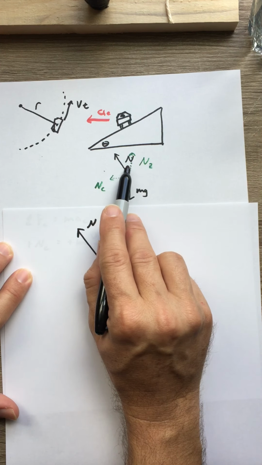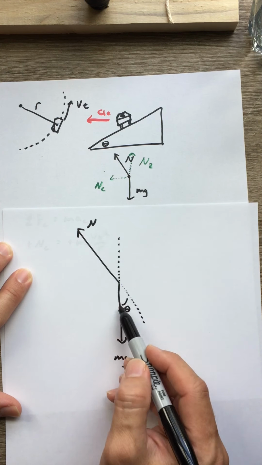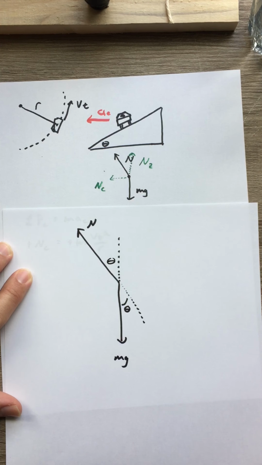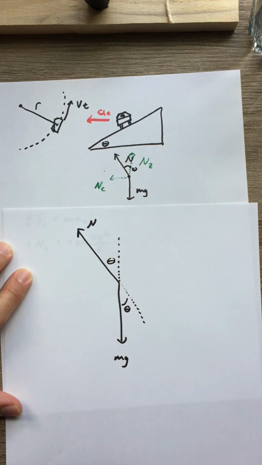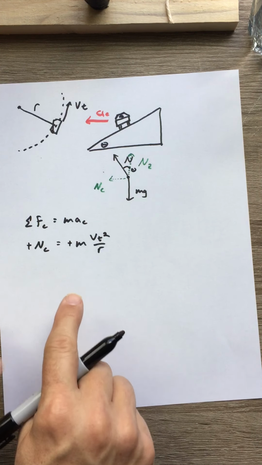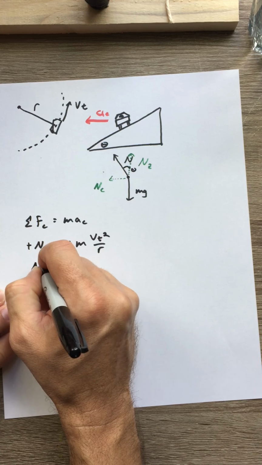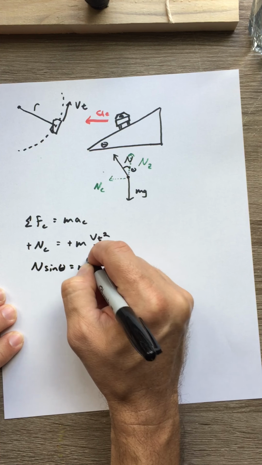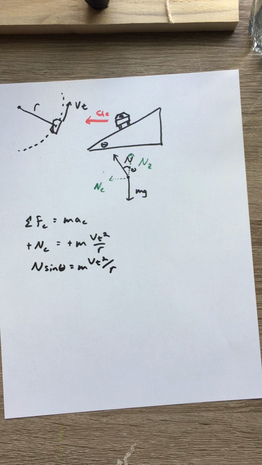This angle here between the normal force and the vertical, and maybe you can see these are both parallel lines, and so that's going to have to be theta there. So this is theta. So it looks like my centripetal component is n sine theta equal to m v tangential squared over r. Okay. All right.